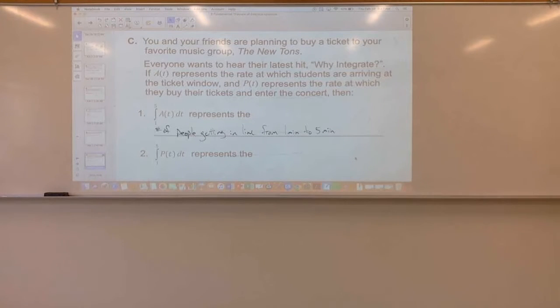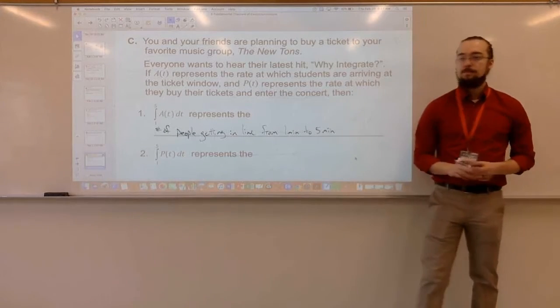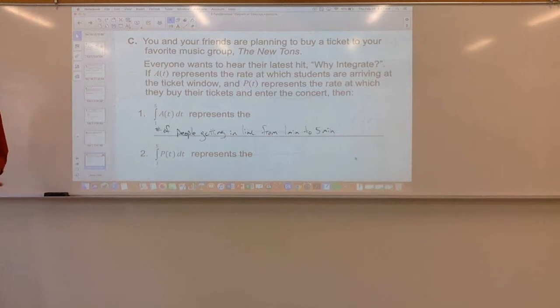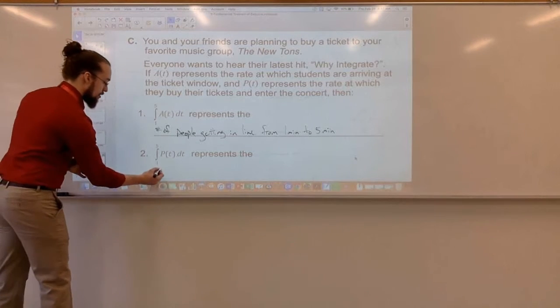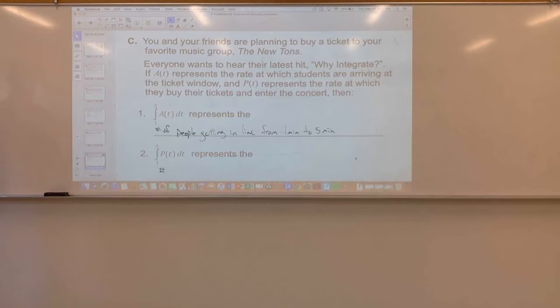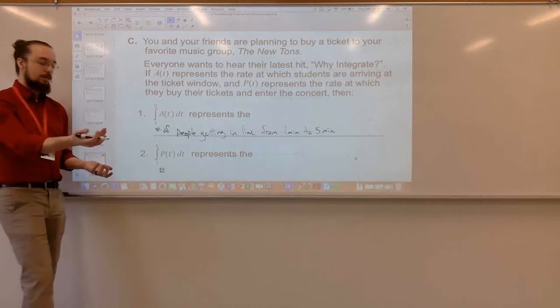Then how about the integral from 1 to 5 of P of t dt? Yeah, the number of tickets purchased from 1 to 5 minutes. And that would also mean the number of people leaving the line, right? So number of tickets purchased, and then those people leave the line and go into the concert.